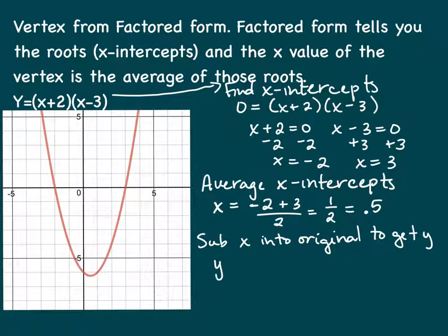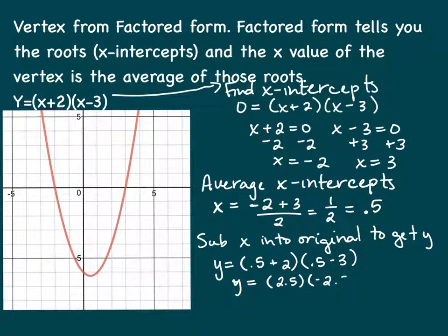So y equals, going back up here to that equation, y equals 0.5 plus 2 times 0.5 minus 3. So y equals 2.5 times negative 2.5.